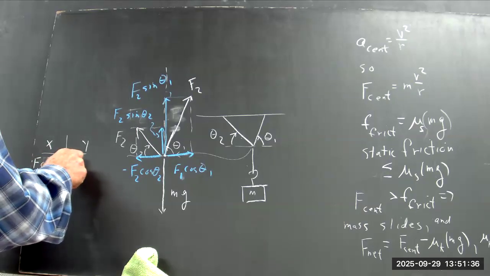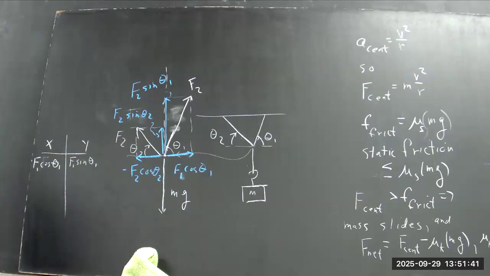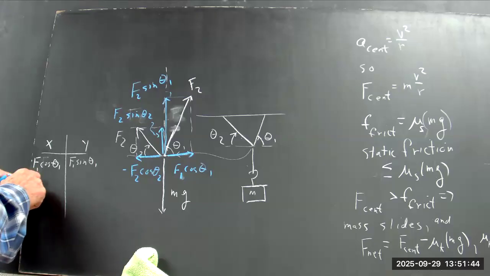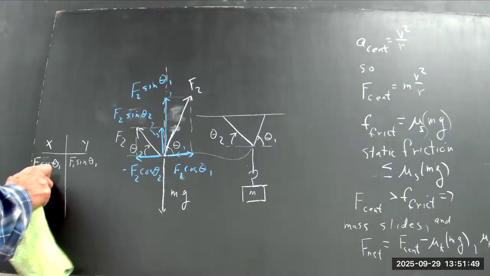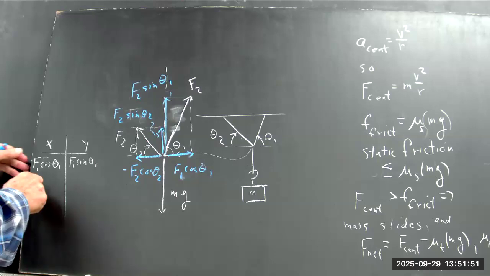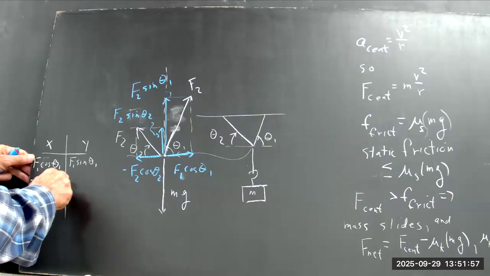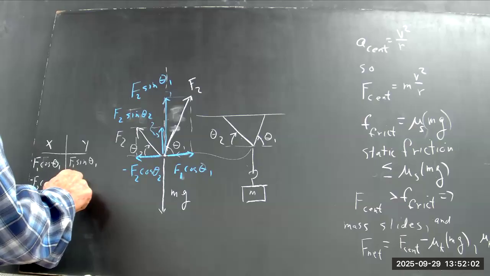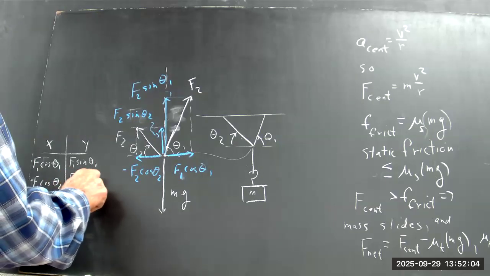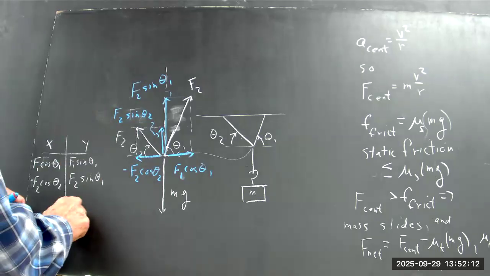In the Y direction, you've got F1 sine theta 1. And then you have F2 as negative F2 cosine theta 2 and F2 sine theta 2. And then you have negative mg. It's only in the Y direction.